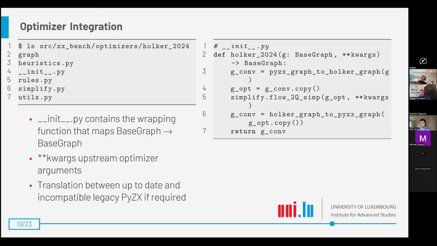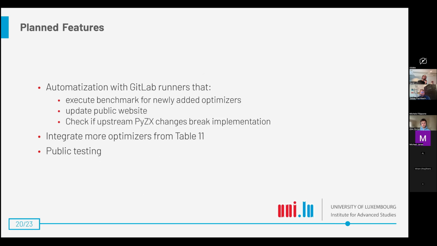If you have any better ideas, we are of course very happy to change that. That's why I would also like to have your feedback about that. In the next few months, the whole idea is to especially start to automate it. Meaning if a new optimizer is added, we just run the benchmark with a GitLab runner.